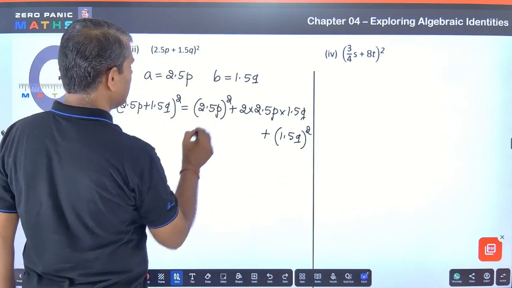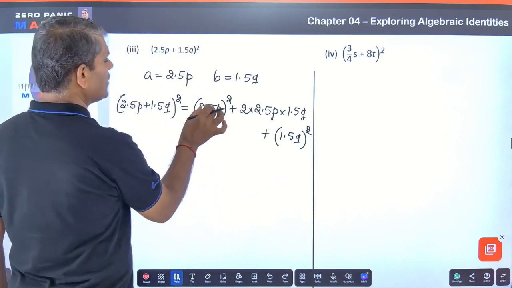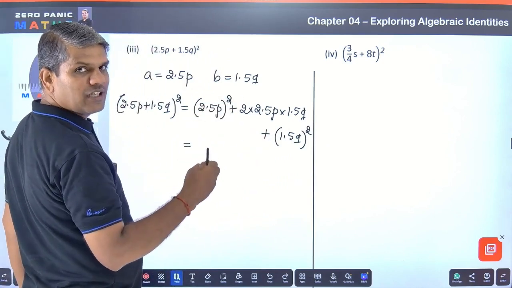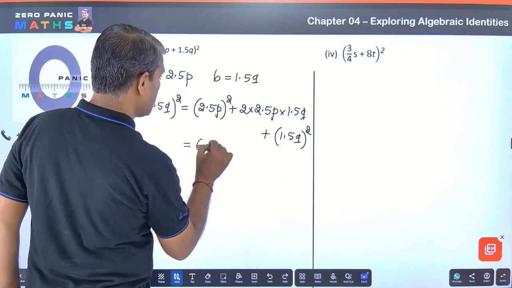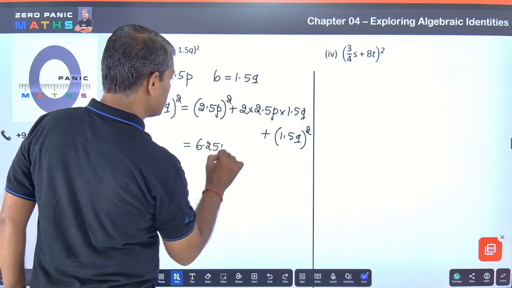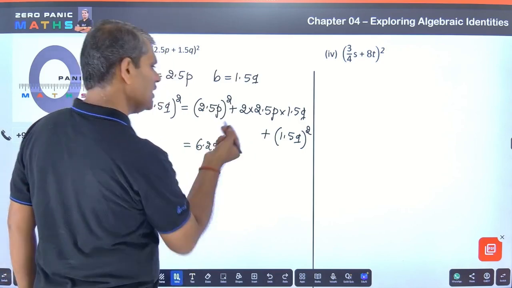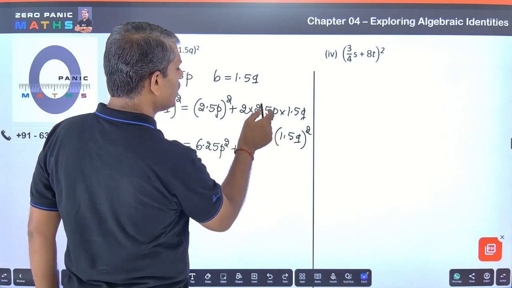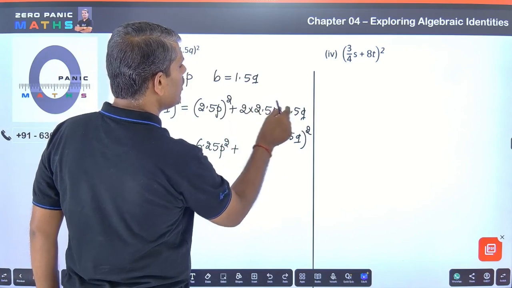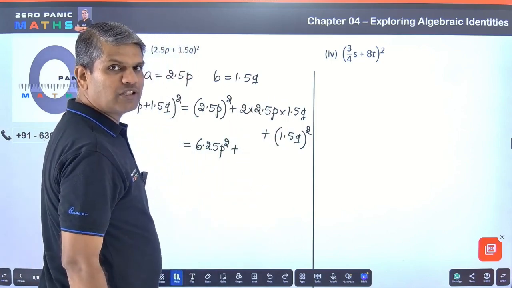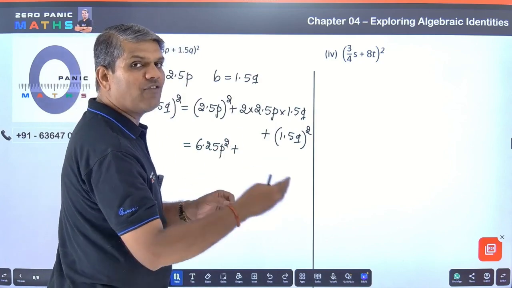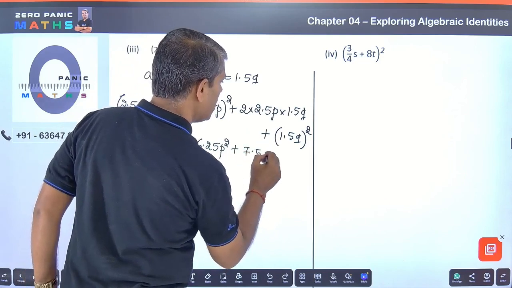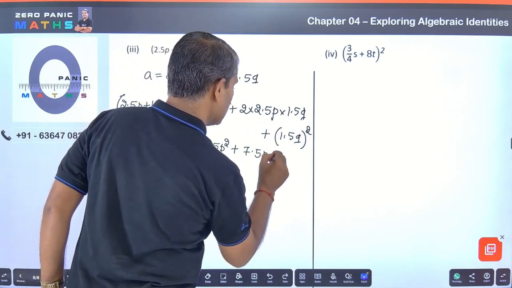Now it is a decimal square, but you can do it as 25 square, which is 625, and keep two decimals from right. That will be 6.25, and as usual p whole square, that is p square. Plus 2 into 2.5, that is 5, and 1.5 of 5, that is 7.5. 7.5p into q, that is pq.